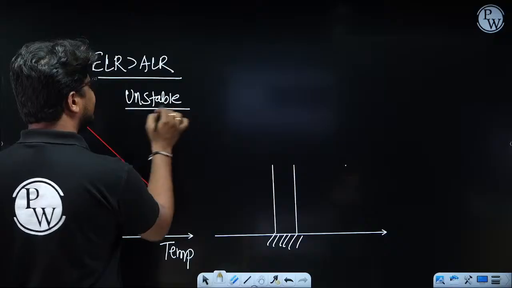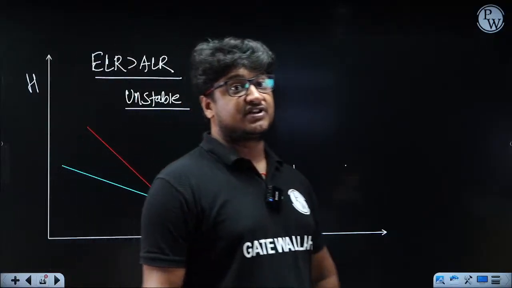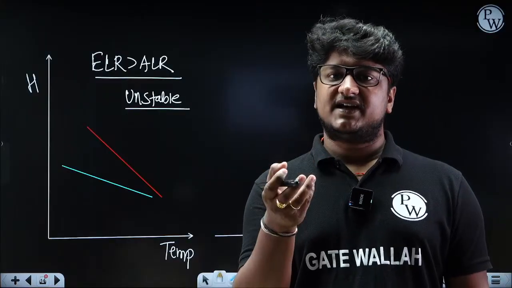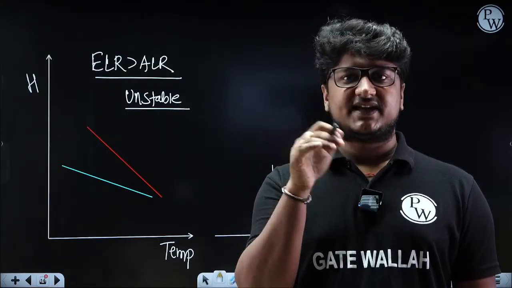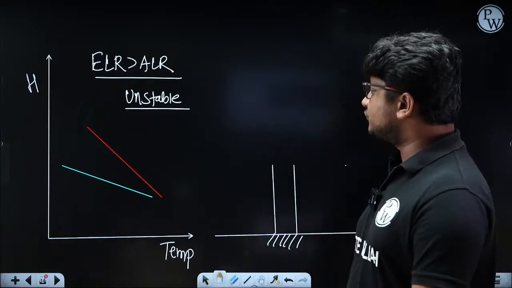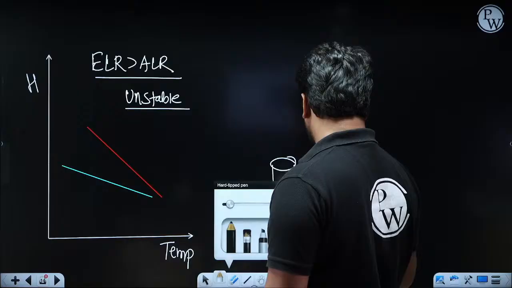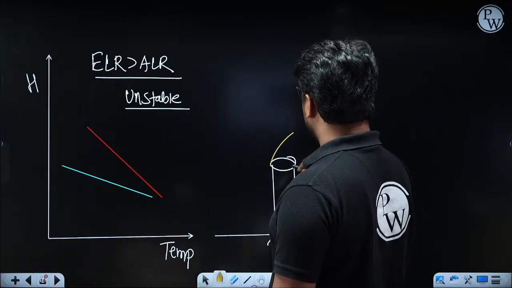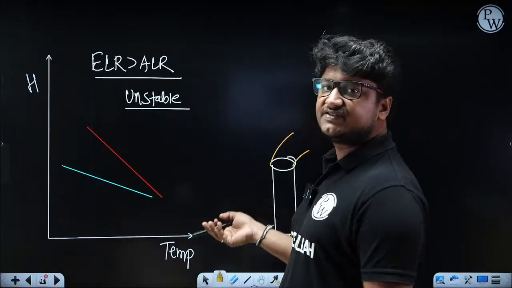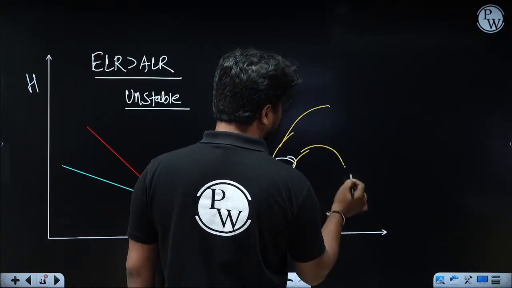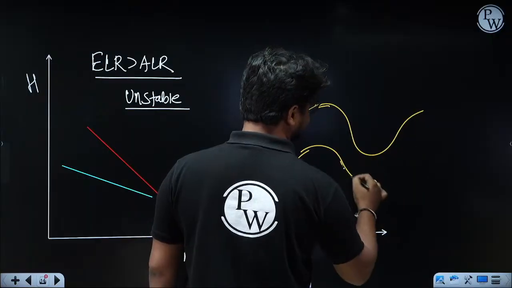Unstable. See, instability is good for pollutant dispersion and dilution. Always remember, stability is not good. If your air is unstable, in that case it is actually good for pollutant dispersion and dilution. So in this case, what happens? The plume which will come out, as the vertical mixing is very good in this case, will go up also, it will go down also.